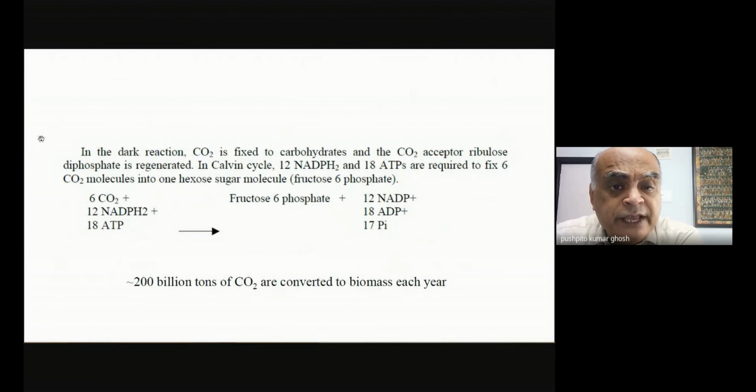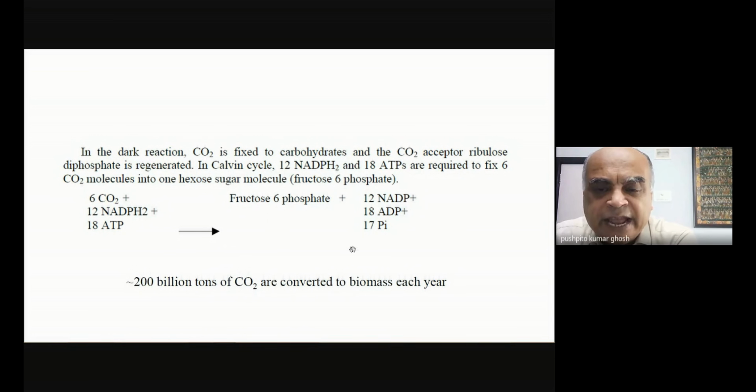So you can see that in the dark reaction, if I want to make a fructose, fructose 6-phosphate, not a pure fructose but with a phosphate attached to it, I would require 6 carbon dioxides plus 12 NADPH plus 18 ATP going to this, and it again forms the low energy versions of these compounds.